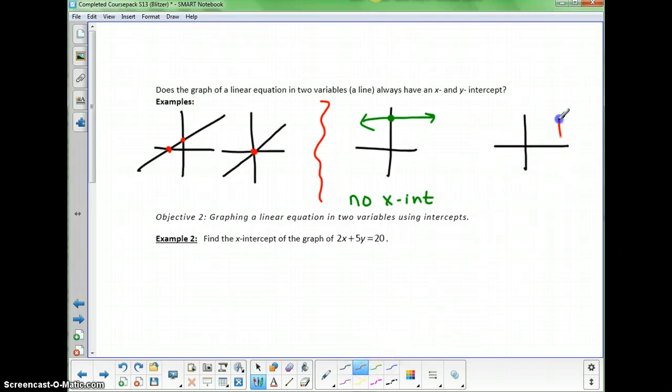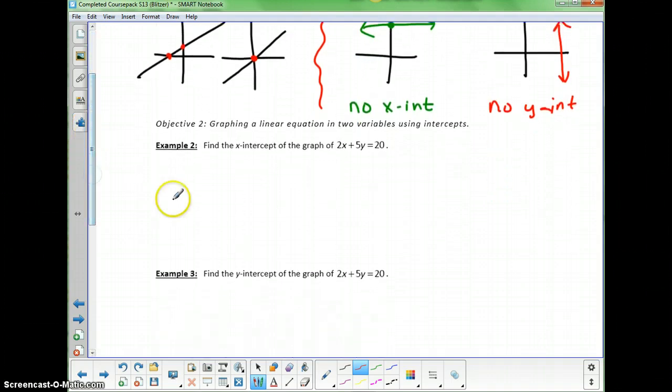If I drew a vertical line, there's going to be no y-intercept. So does a graph always have to have both? Well, if it's a regular line that has a diagonal direction, then yes. But if it's horizontal or vertical, then no, it's not necessarily going to have both. It's going to have one or the other, though, for sure. There's no way I can draw a line that has neither.